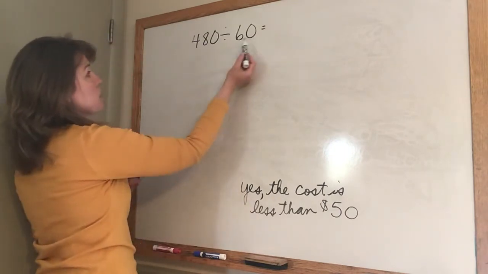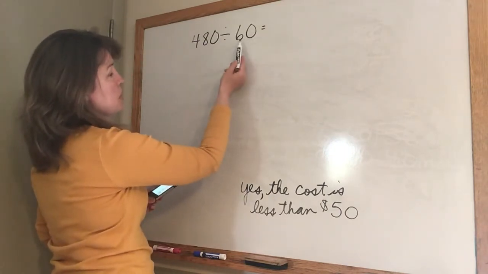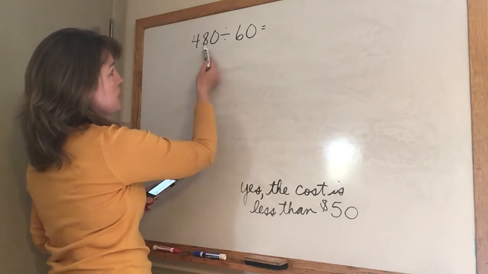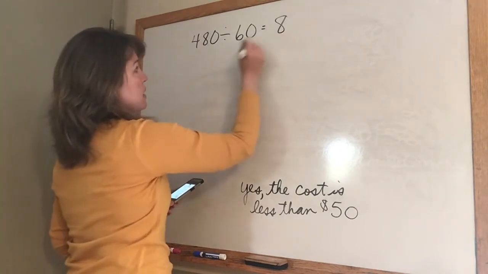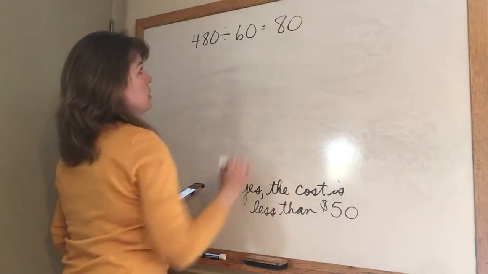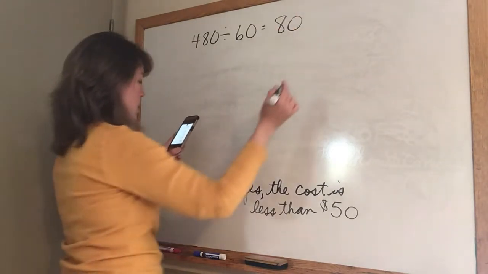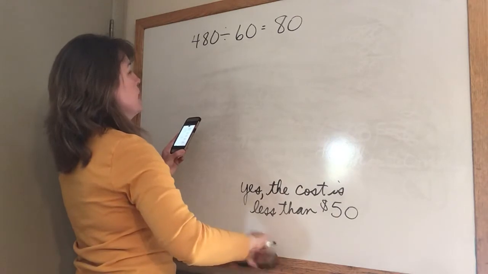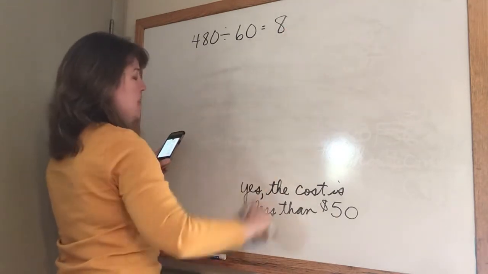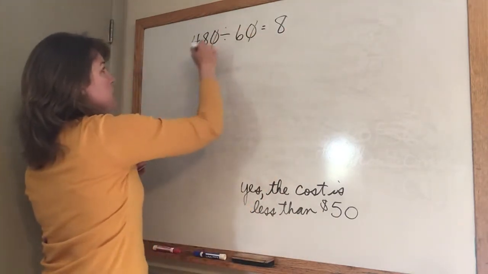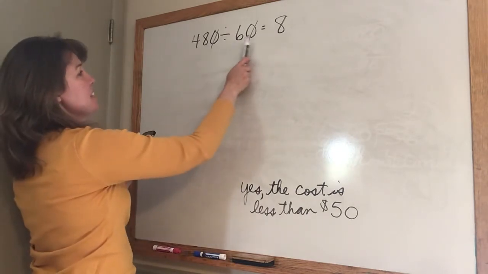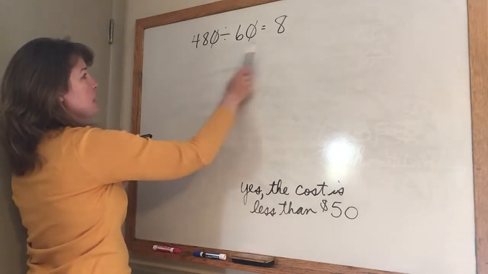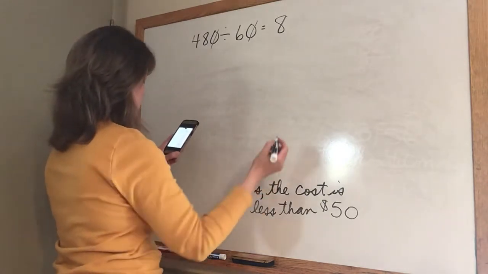Now, we could just probably do mental math. 48 divided by 6 is 8, and then add on the 0. So 80, oh, not 80, it's just 8, because really you're doing that, I'm sorry. 60 goes into 480 8 times, not 80, sorry about that.